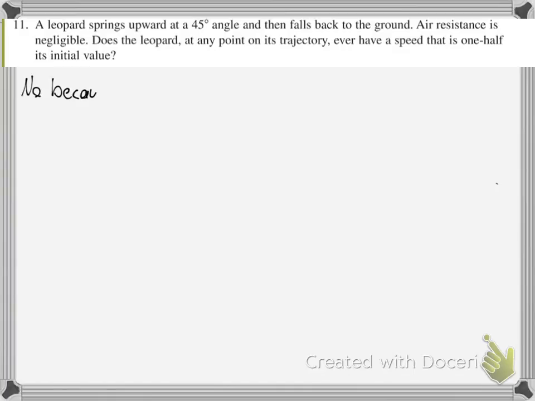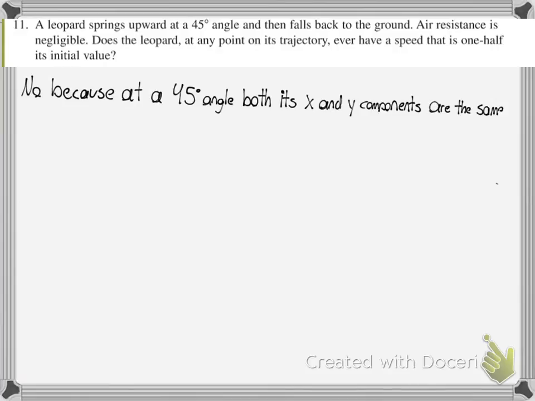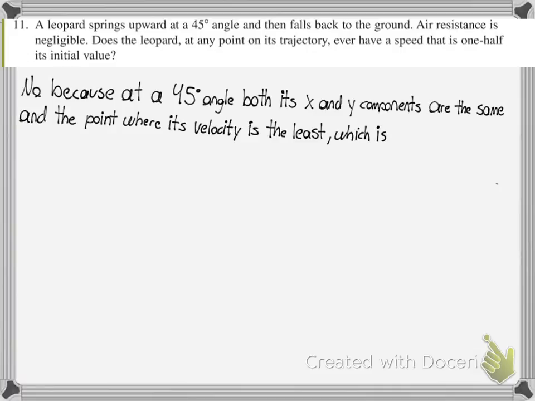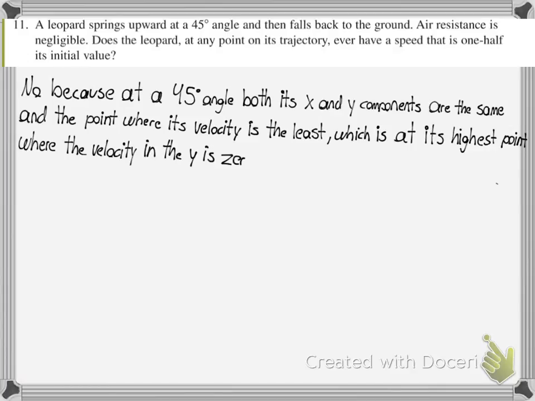So the answer is no. And this is because at a 45-degree angle, both its x and y components of the initial velocity are going to be the same. And at the point where its velocity would be at its minimum, which is at its highest point, because the y component of velocity is 0, its velocity is still higher than 1/2 of the initial velocity.